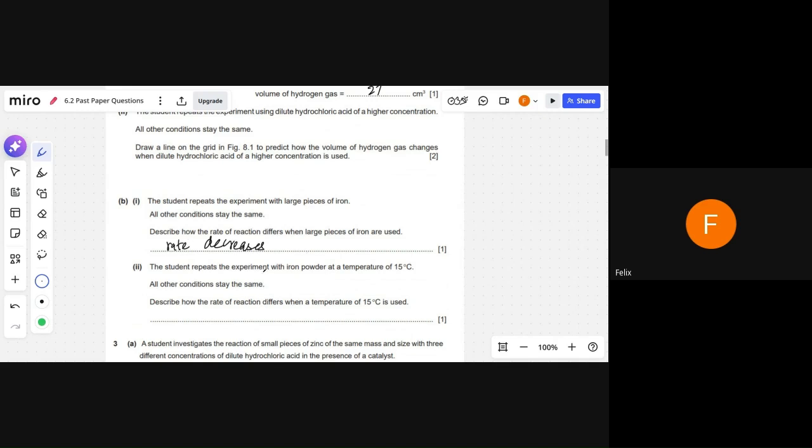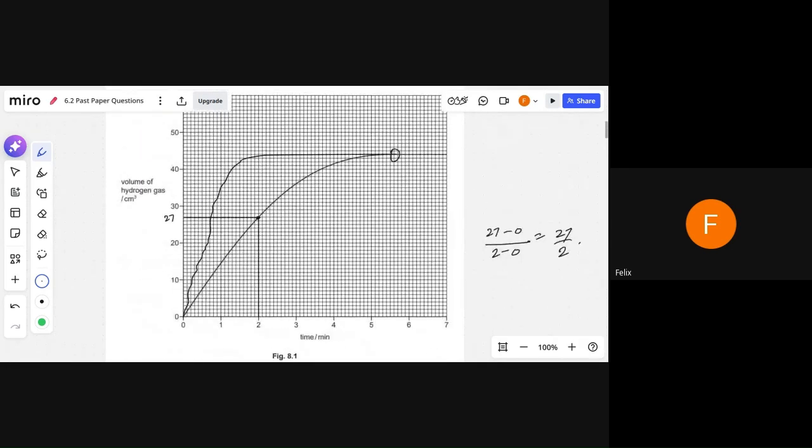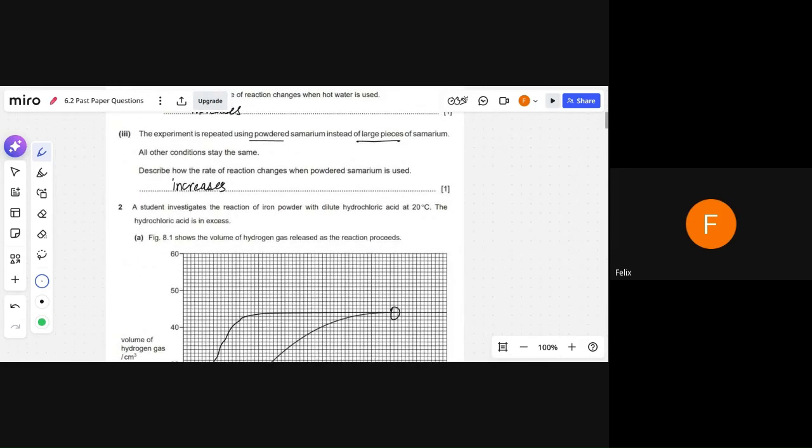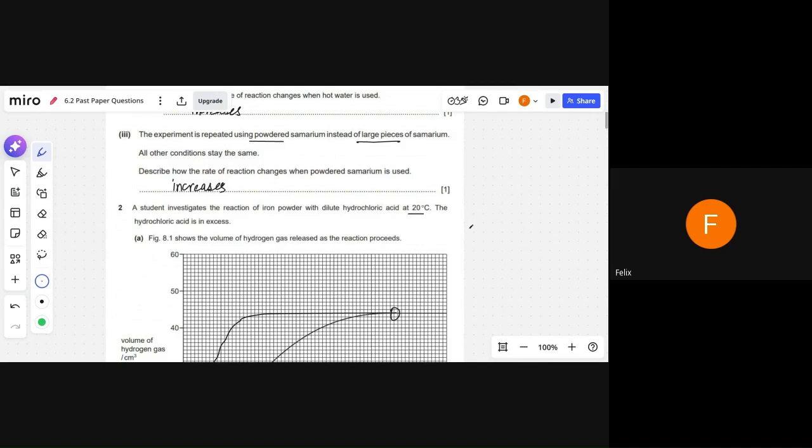The student repeats the experiment with iron powder at a temperature of 15 degrees Celsius. All other conditions stay the same. Describe how the rate of reaction differs when a temperature of 15 degrees is used. Let me see what the temperature was.